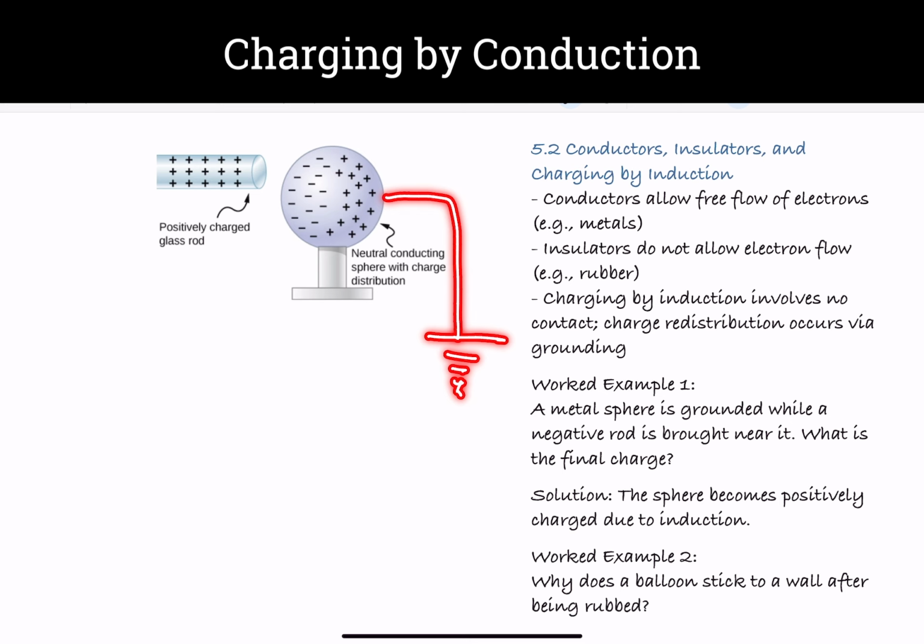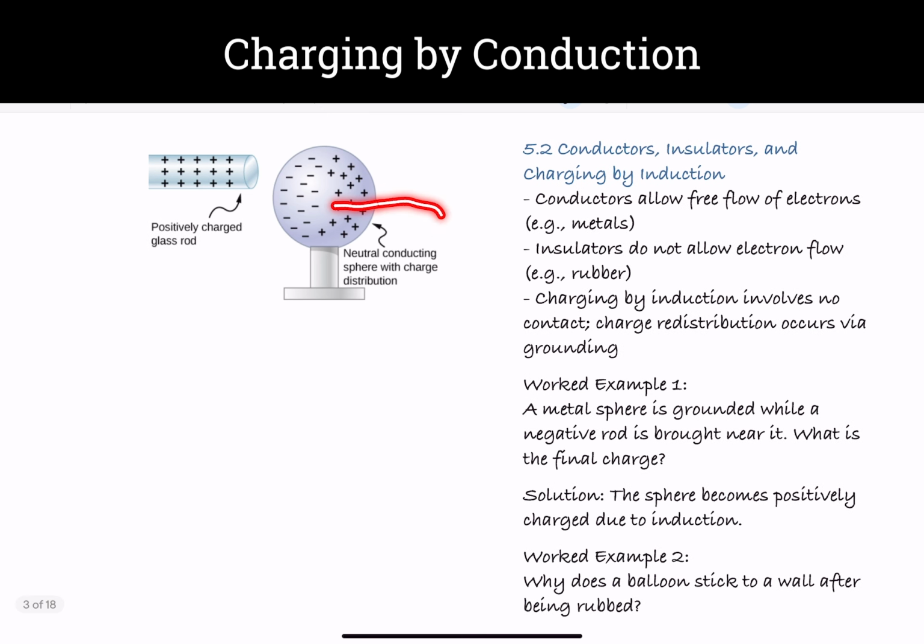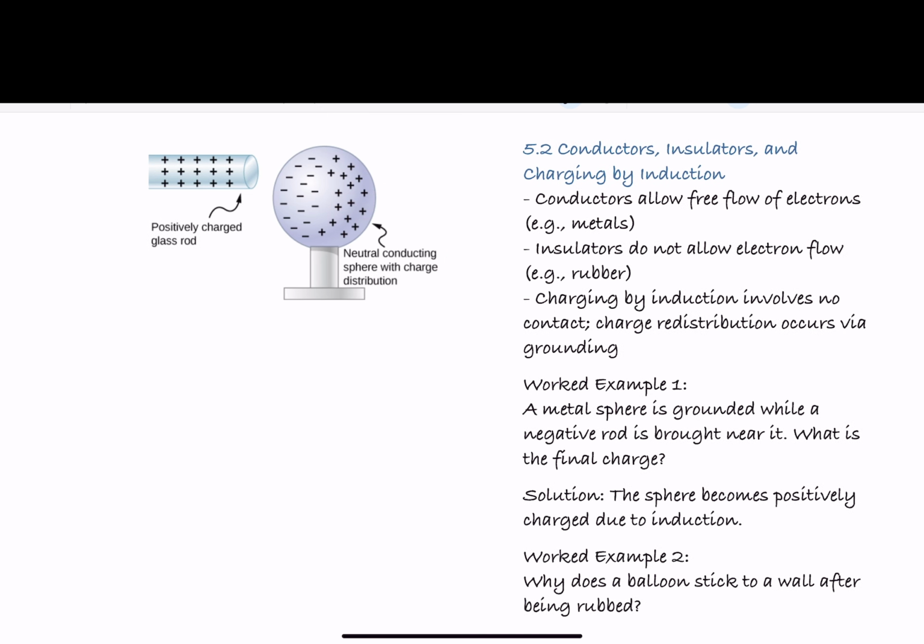When you bring a negative rod near it, all the electrons are going to be pushed to this side, and the extra electrons will go to the ground. Therefore, the sphere becomes positively charged. Okay, because you were doing it while it was grounded.